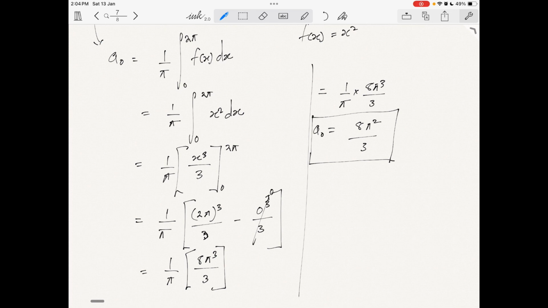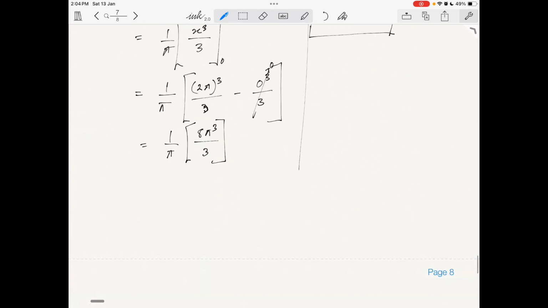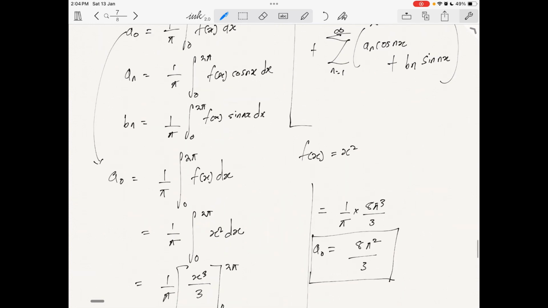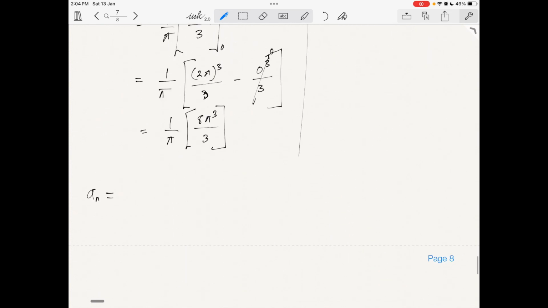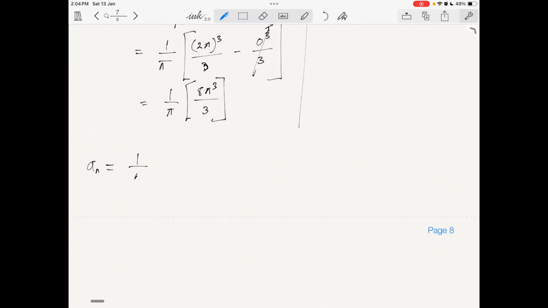It is now time to evaluate an. The formula is an equals 1 over pi integral of 0 to 2 pi of f of x cos nx dx.